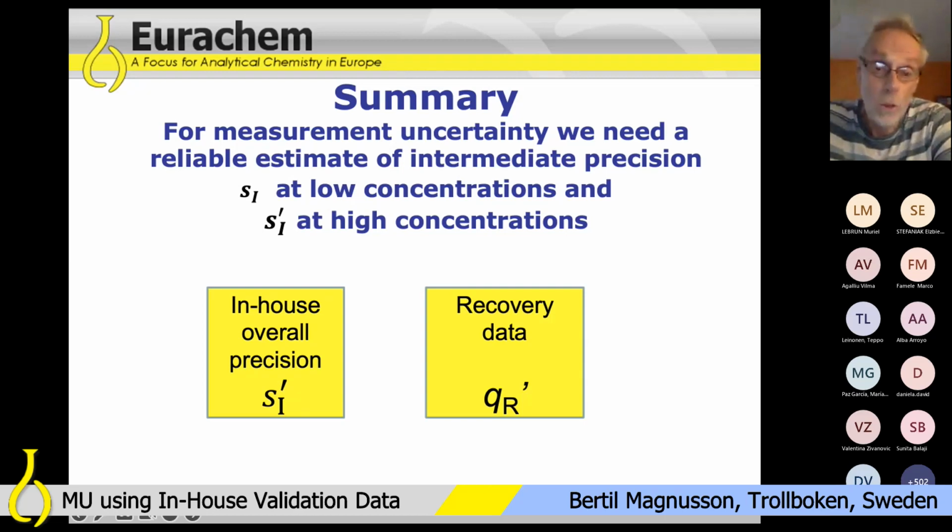If you use control charts with this estimate of intermediate precision that we have here, then you can use them in the measurement uncertainty. But if you, for example, use wider control limits in your control chart, then you need to use that standard deviation in your measurement uncertainty calculation, because you allow a higher variation. And this is very important for the measurement uncertainty calculation for the precision.